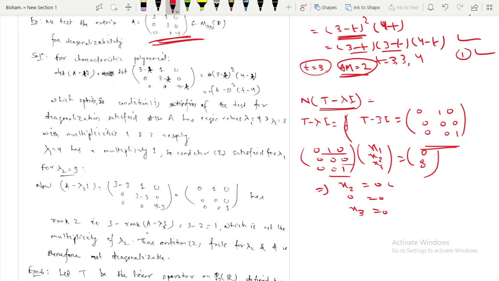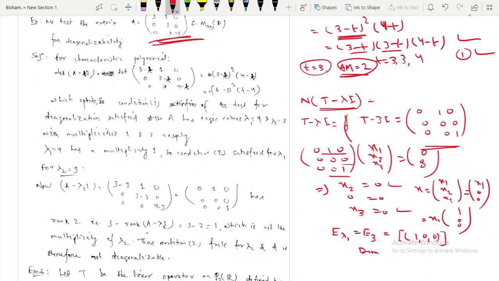So x2 is 0, x3 is 0. So what is x? x is x1 x2 x3, but x2 and x3 are 0, so this is x1 0 0. Taking x1 common, this is 1 0 0. That means you are getting E of eigenvalue 3, and this is only 1 0 0.